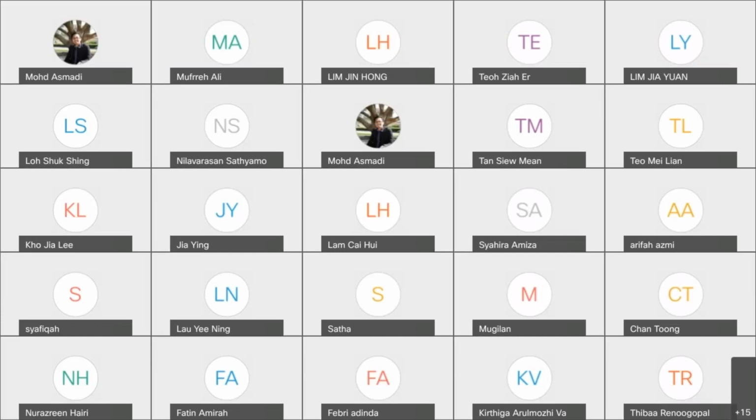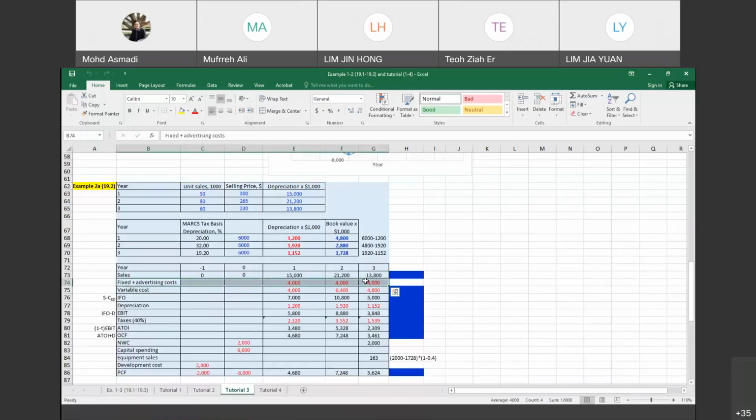Okay, fixed cost. Should it be only the first year, or all years: first year, second year, third year? It's only 4 million, so it should be only the first year sales plus the advertisement costs.